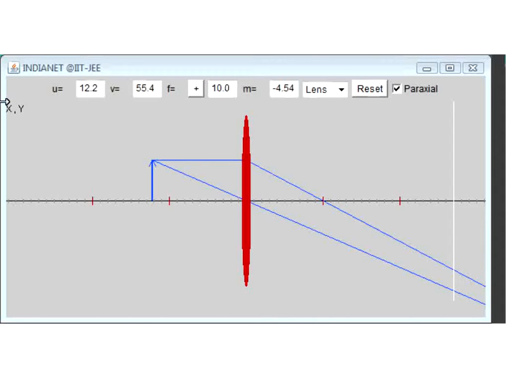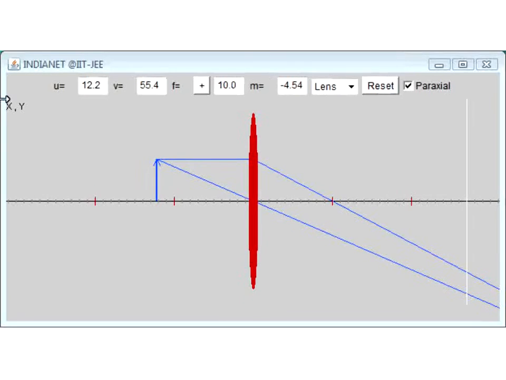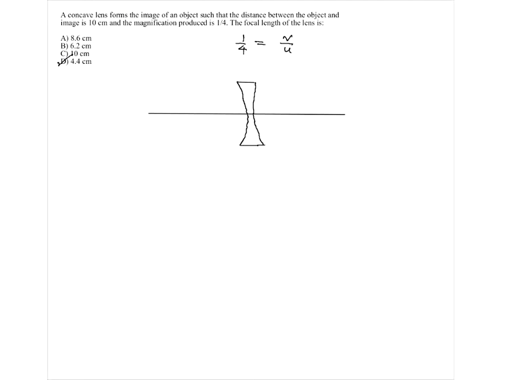So let's get back to that problem. Here, as you saw, both are negative, U also and V also.